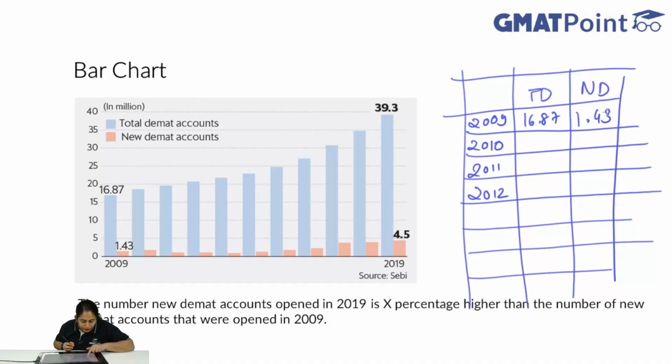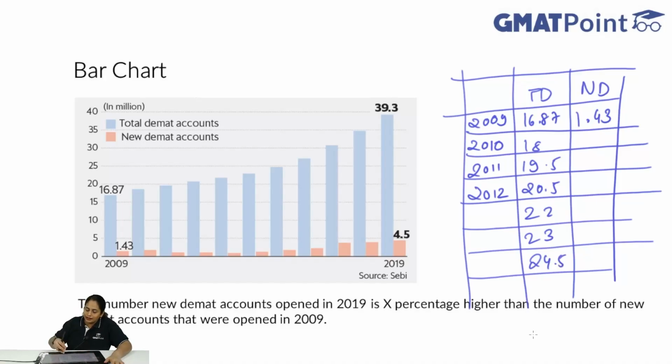In the next year, it is slightly increasing, around 18. Next year it is slightly shy of 20, so I would say around 19.5. Next year it is going above 20, so in 2012 it should be slightly above 20, around 20.5. Then slightly further, around 22, then around 23, then around 24.5, and so on.